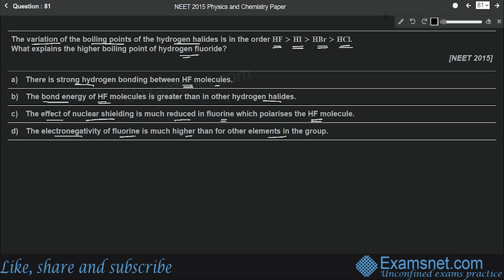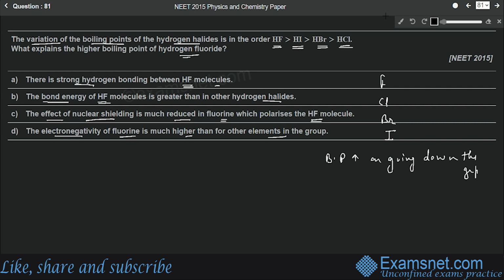So what is the sequence of these elements? First fluorine, then chlorine, then bromine, and then iodine. So this is the sequence on moving down the group. And we know that on moving down the group, in general, the boiling point increases. We are talking about the boiling points of hydrogen halides.